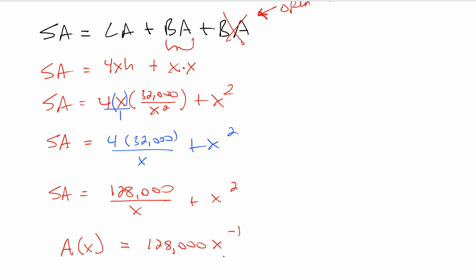We're not going to quotient rule this thing. Plus X squared. Okay. So this is the same graph. I didn't do anything. Let's just pretend that this graph looks like this. It doesn't, but let's pretend it does.